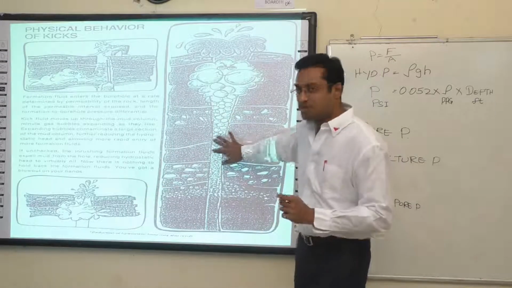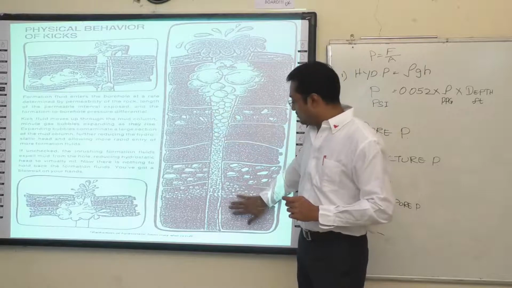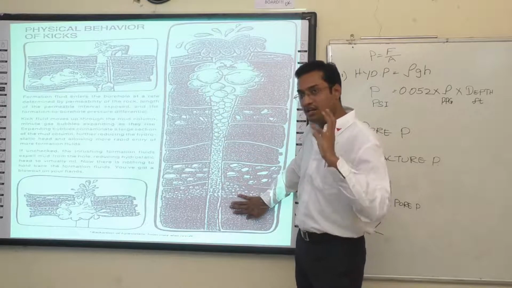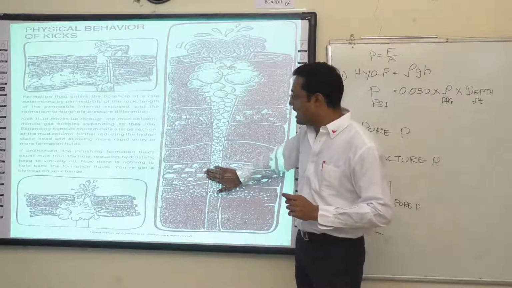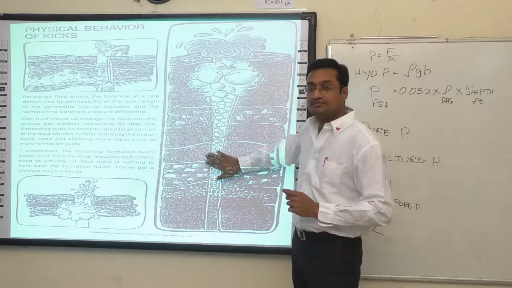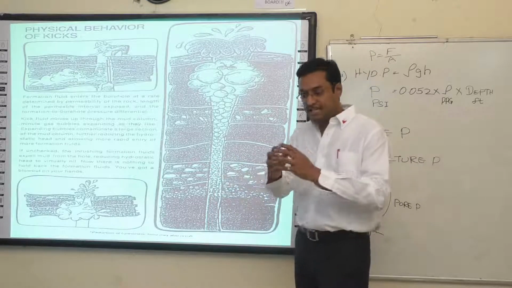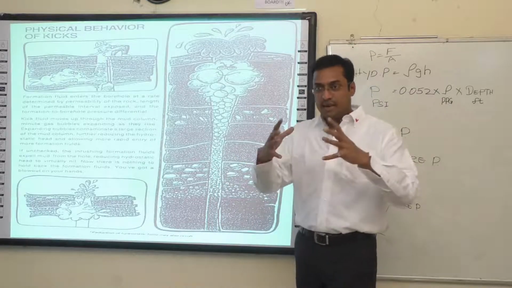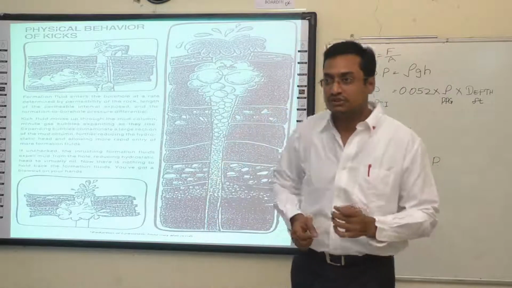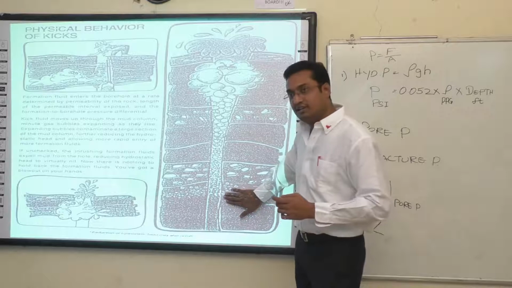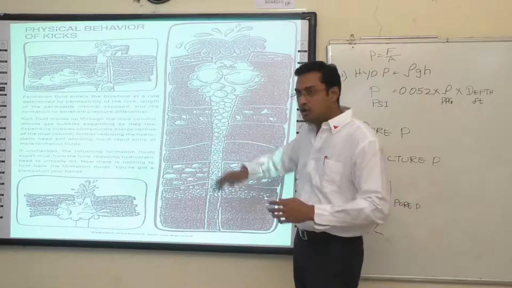Assuming that we have constant temperature here, the high pressure, low volume gas, when it enters here and starts moving up, the volume starts increasing because it is expanding. When it is expanding, the pressure has to reduce. So the high pressure, when it comes inside the wellbore, reduces, but the volume increases.